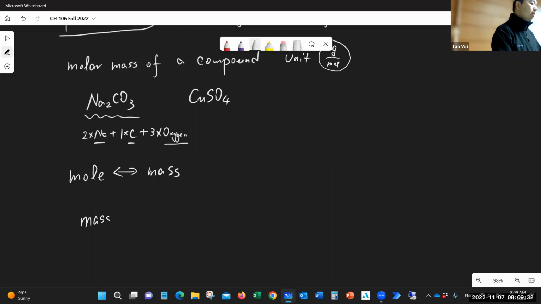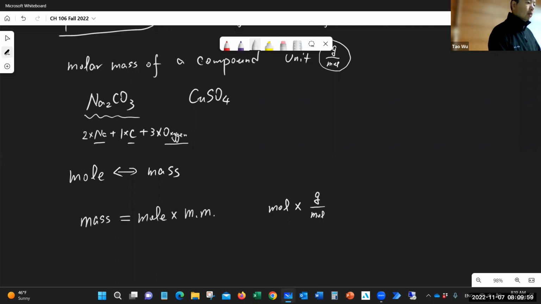Mass of the object should be equal to mole of the object times the molar mass. Why? You can base it on the unit. The moles unit is mole, and you times the molar mass, whose unit is gram per mole.